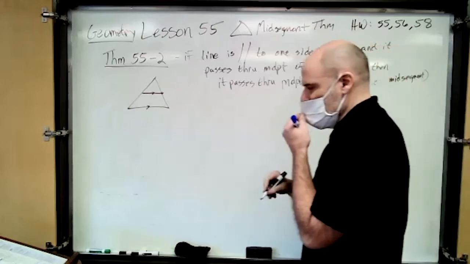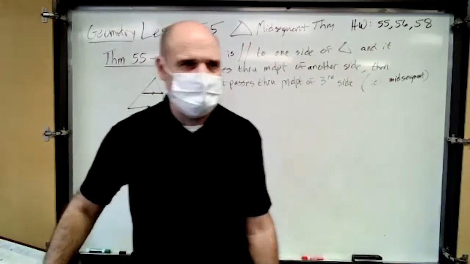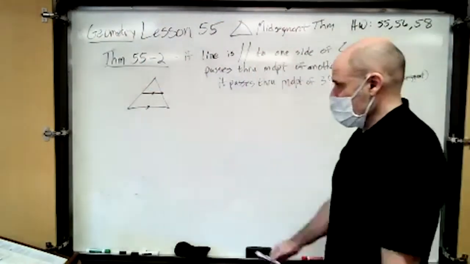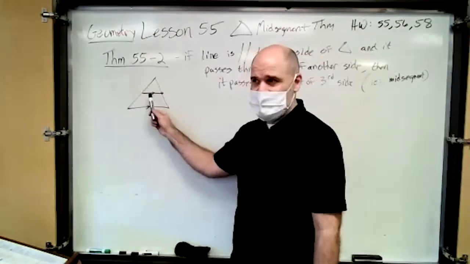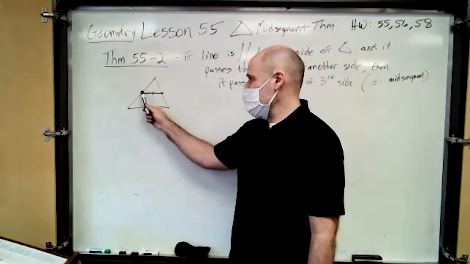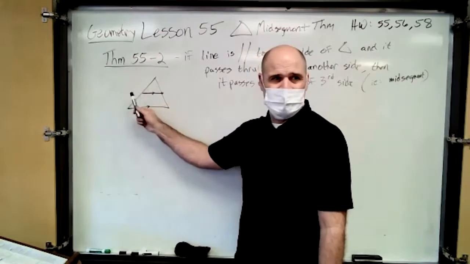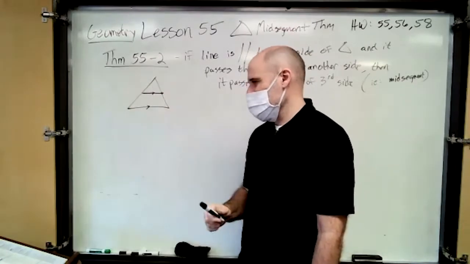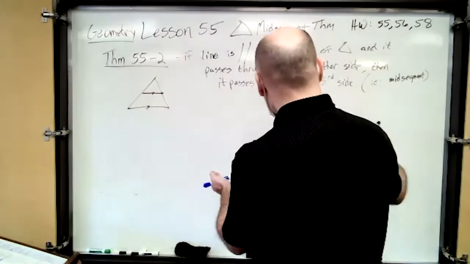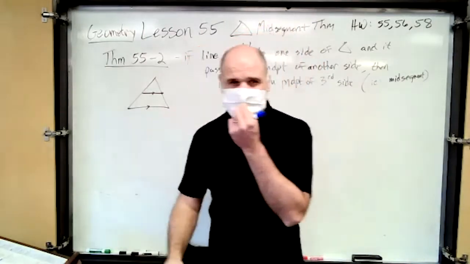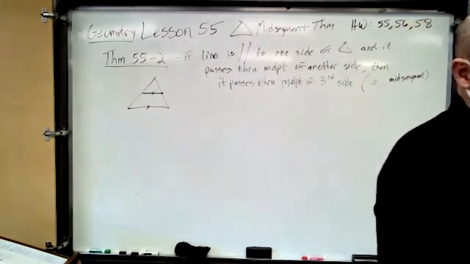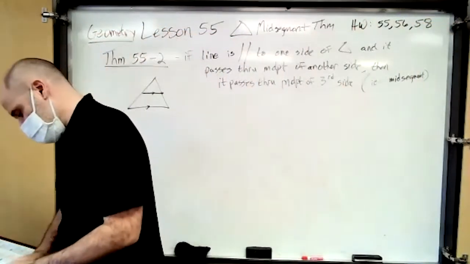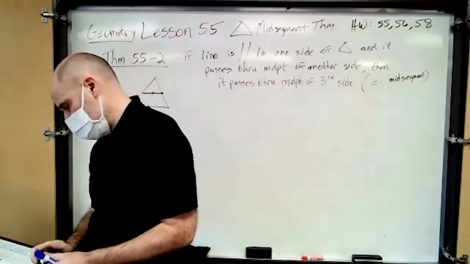So this is like the converse of theorem 55-1. 55-1 says if this is a midsegment, so basically if it intersects the two midpoints of two sides of a triangle, then it is parallel and it's half the length. So the only thing we didn't go over in 55-2, the converse, is the half the length part. So it's not officially the converse, it's not completely the converse, but it's pretty close.